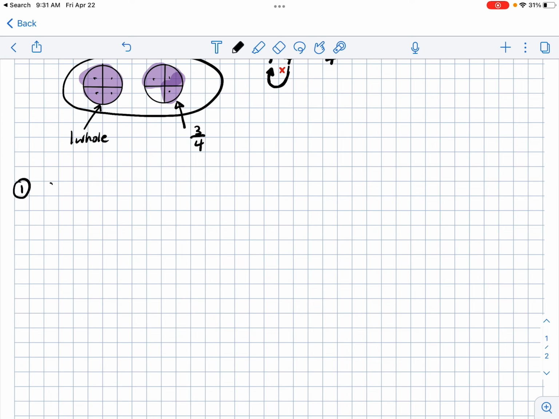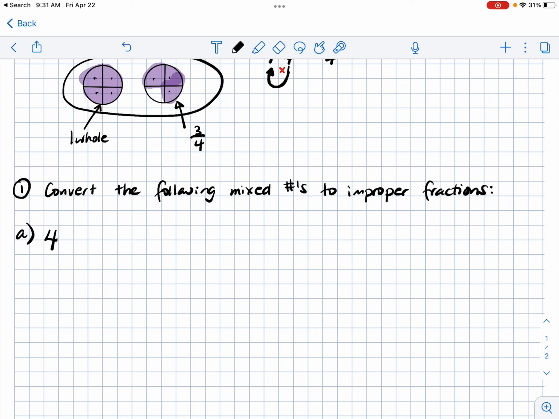Convert the following mixed numbers to improper fractions. Let's say example A, 4 and 4/11.